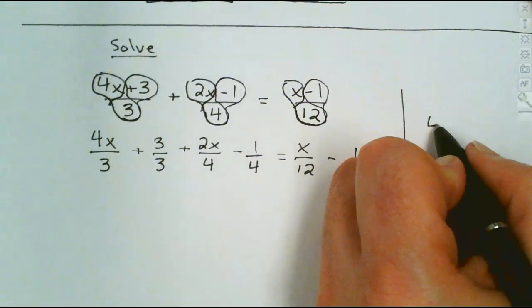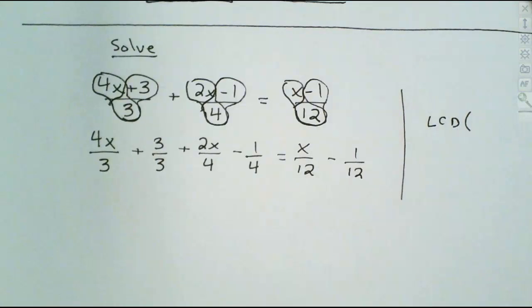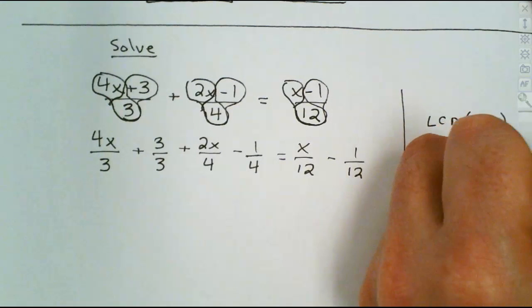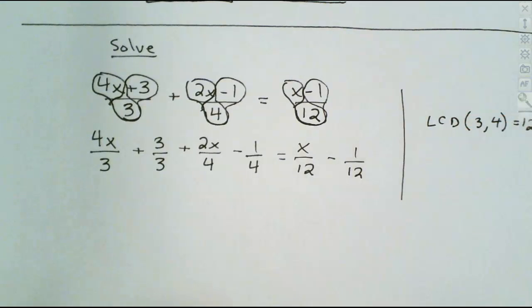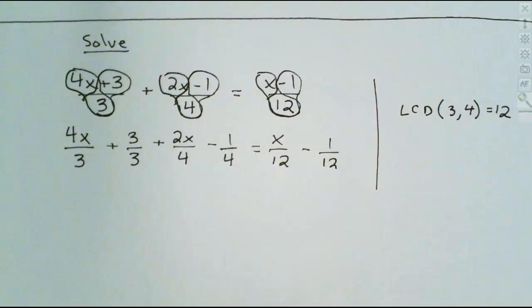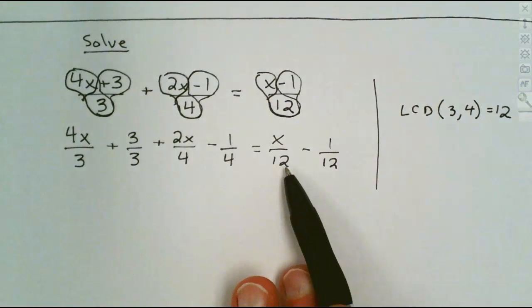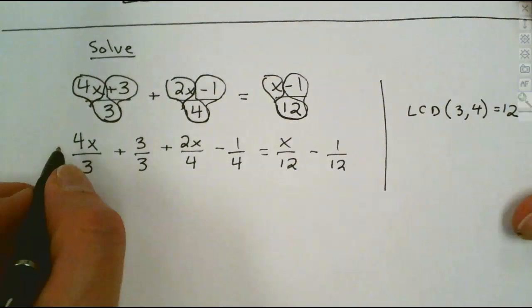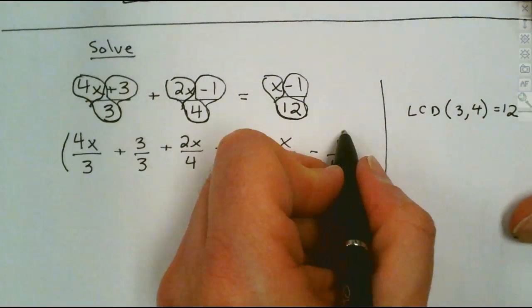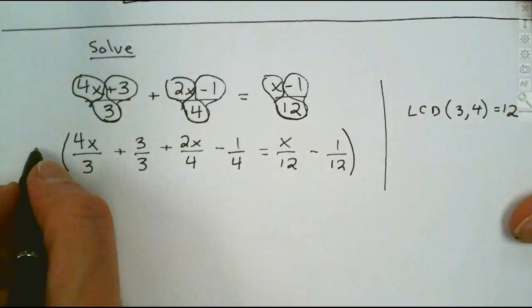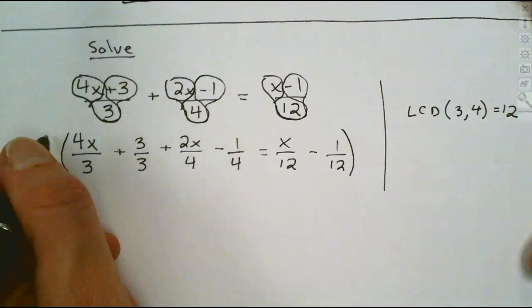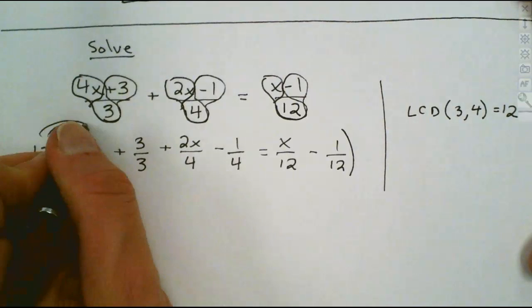And we need a least common denominator. Well, least common denominator of 3 and 4 is going to be 12, isn't it? Okay. And the 12 will clear out that one also. So the least common denominator that we're going to be using to clear out all the fractions is going to be a 12. Repeat the process, distribute through, and solve.